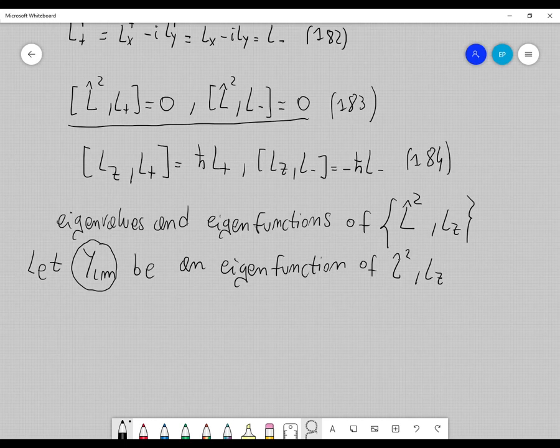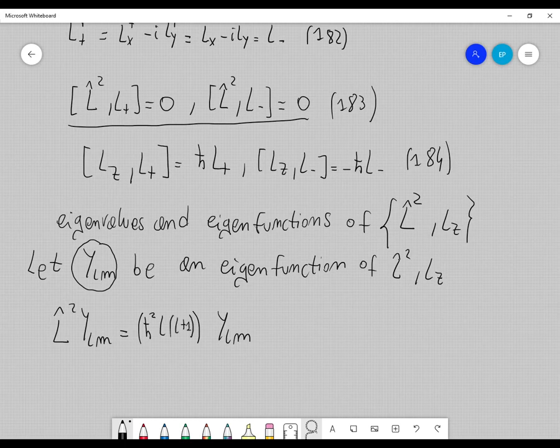Now let's try to evaluate L squared YLM. By definition, since YLM is an eigenfunction of L squared, we can define this to be some eigenvalue multiplied by YLM. I can define an eigenvalue by using either the index L or the index M. I will choose the index L, and I will define it to be h bar squared L times L plus 1.